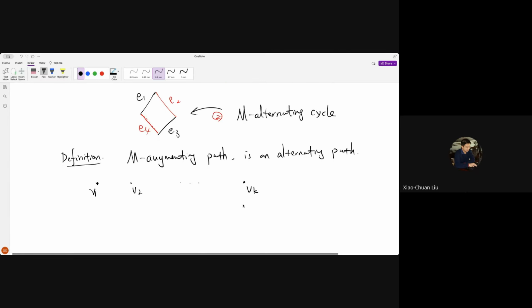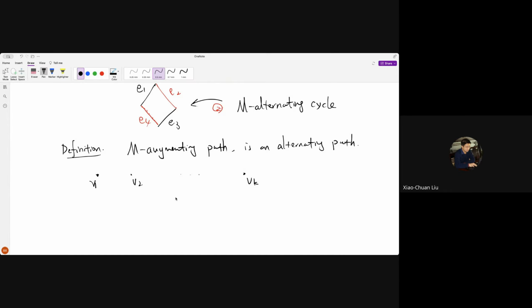I haven't drawn the edges, because I want to say it is such that, with a further condition, the first vertex and the final vertex Vk are not covered by the matching M. It's a very strong condition here. So for sure, it must start with a non-edge, sorry, an edge which is not from the matching.